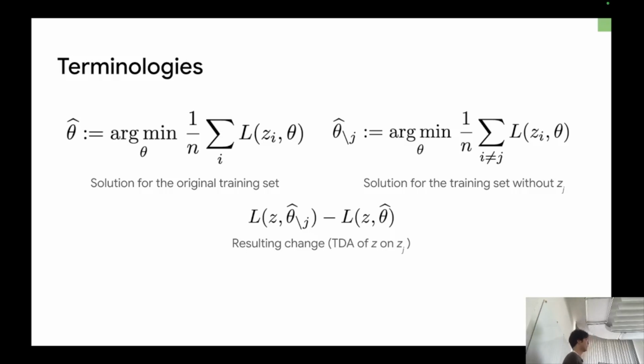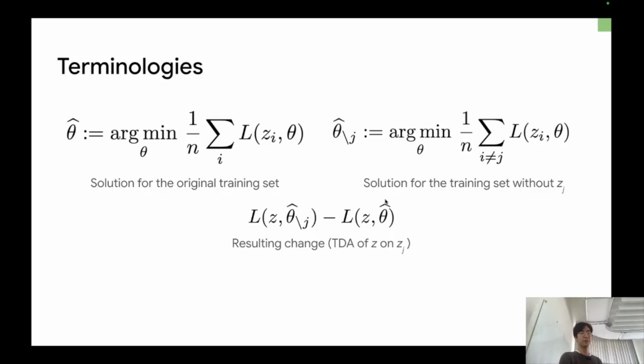And this is again a unique solution, because L is strictly convex. If you sum over multiple strictly convex functions, you still have a strictly convex function, so the solution should be unique. The same is true for the summation over the training set where z_j is excluded; you should also have a unique solution.